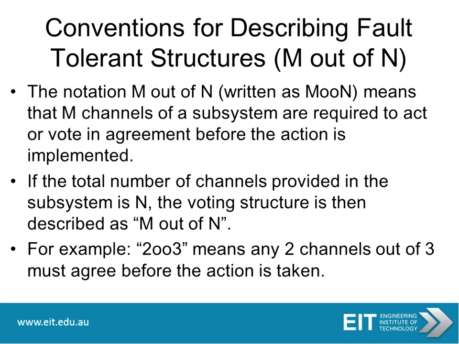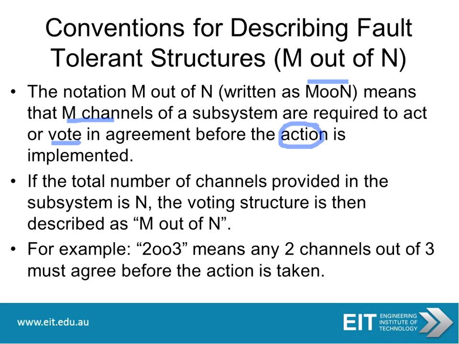Now, what are the conventions for describing fault-tolerant structures, M out of N? Now, the notation, as we already mentioned, M out of N means that M channels of a subsystem are required to act or vote in agreement before the action is implemented.